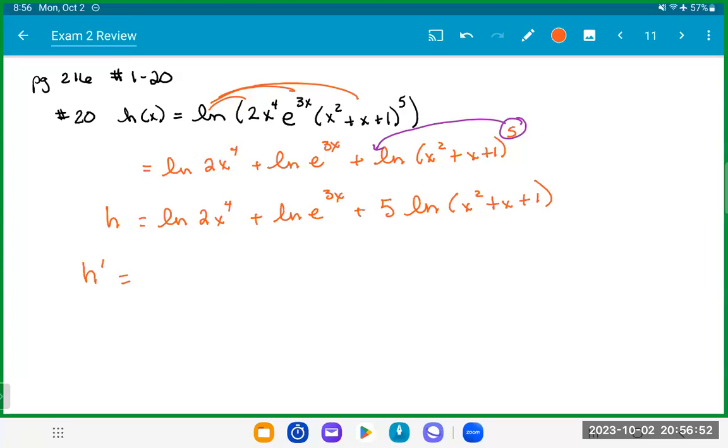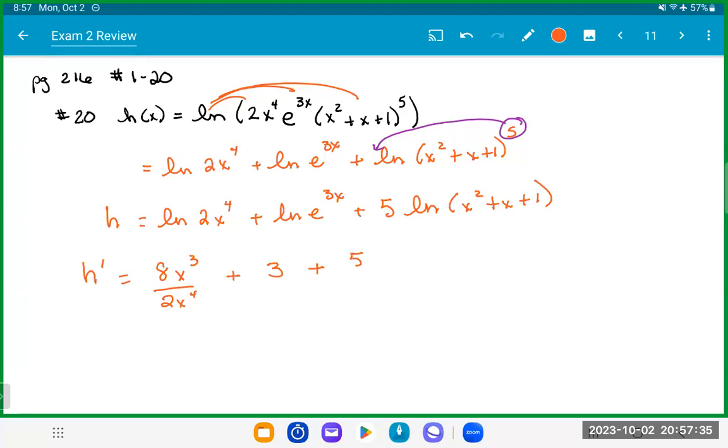So now this gives me 8x to the 3, because we're doing this first term here. That's 8x cubed over 2x to the 4, right? Because it's the derivative of my function over my function. Okay. Plus, the derivative of my function over my function. So that is going to give me just a 3 here.